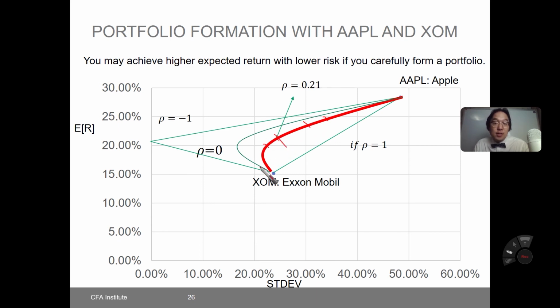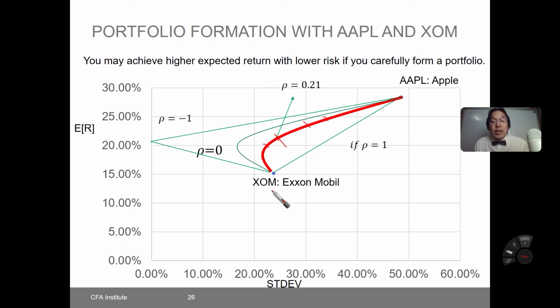You can see different weights of stocks in each possible portfolio, and we can draw a line that traces the different portfolio weights. Portfolio weights always add up to 100%. You know that, right?